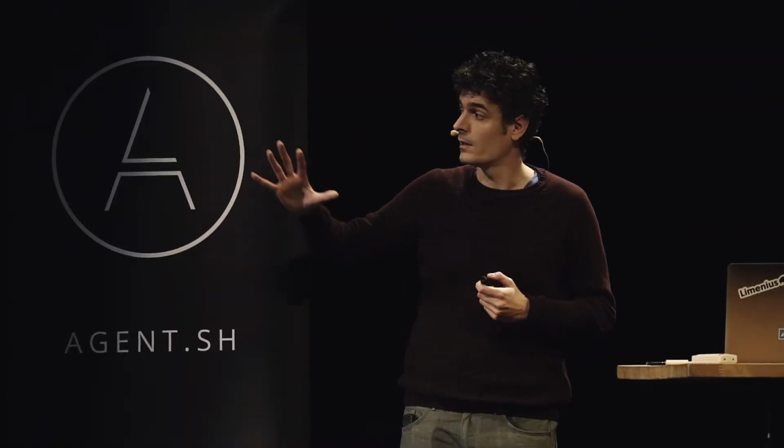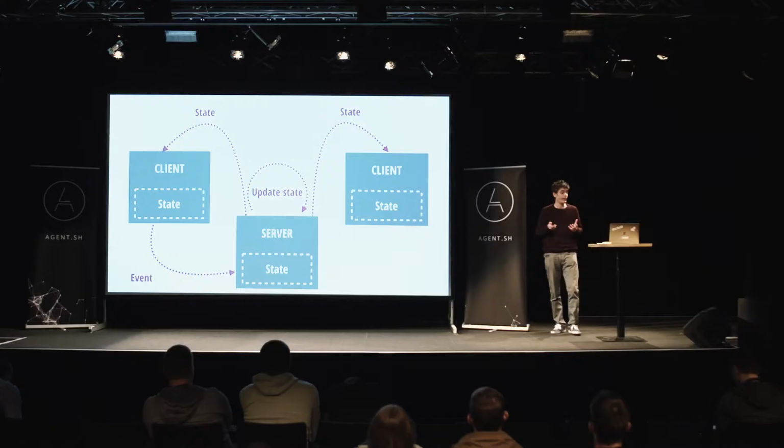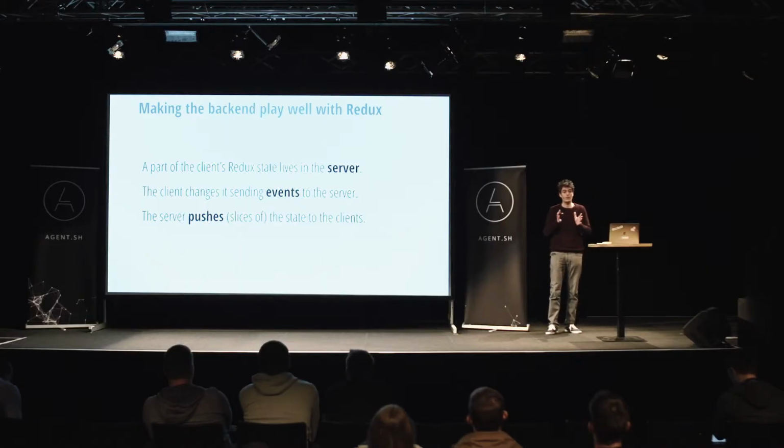So we start seeing the same pattern as Redux. This means also we have to do the application only once. In other words, it will now be that a part of the client's Redux store state is in the server. There is still one single source of truth, but part of it is in the server.